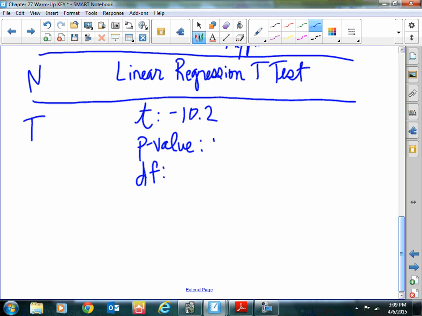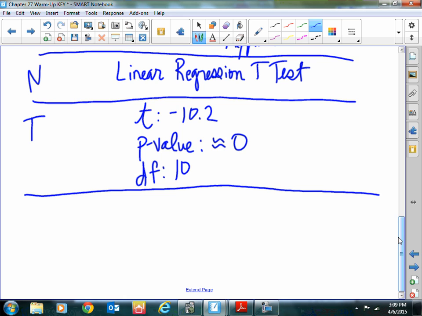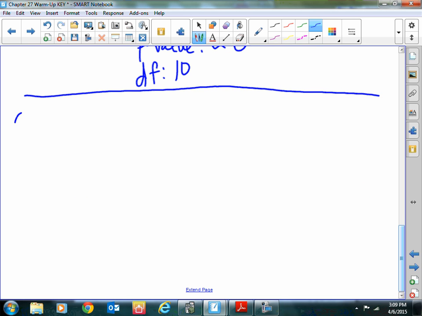Our p-value is about 0, and we have degrees of freedom 10. So we got the p-value. O stands for obtain a p-value and compare it to alpha. So a p-value of about 0 is less than alpha of 0.05.